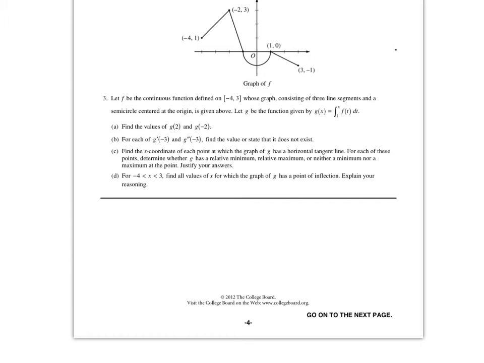So for part A, it says to find g of 2 and g of -2. So all we're going to do there is we're following what g equals. It's this, right? So that means that g of 2 equals the integral from 1 to 2 of f of t dt.